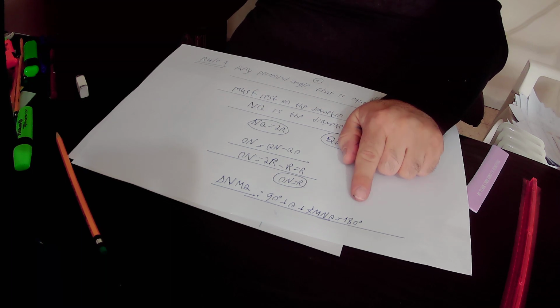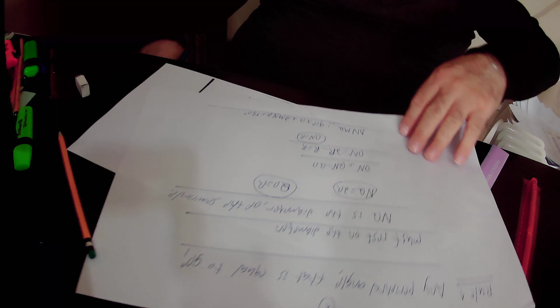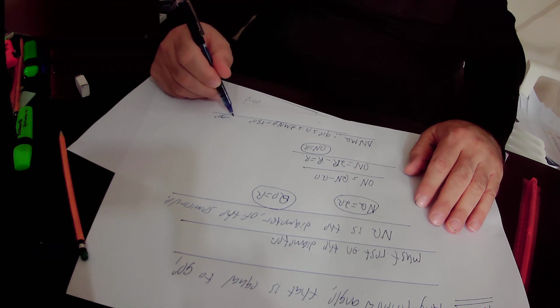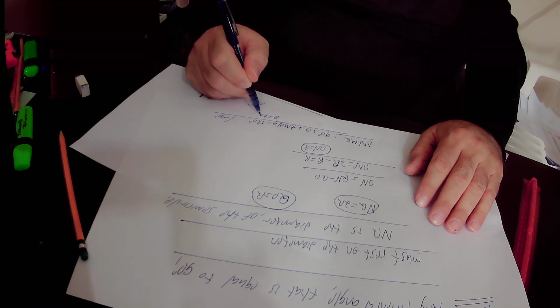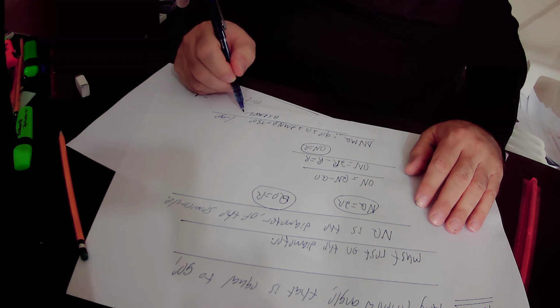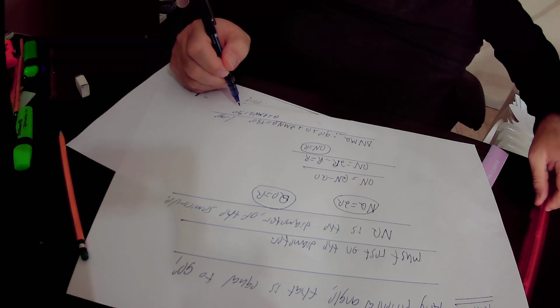We will subtract 90 degrees from this equation and we get that theta plus angle MNQ is equal to 180 degrees minus 90 degrees, it is 90 degrees.